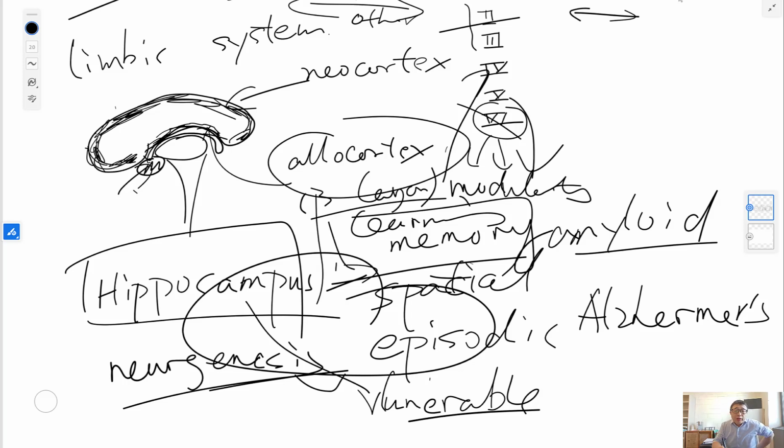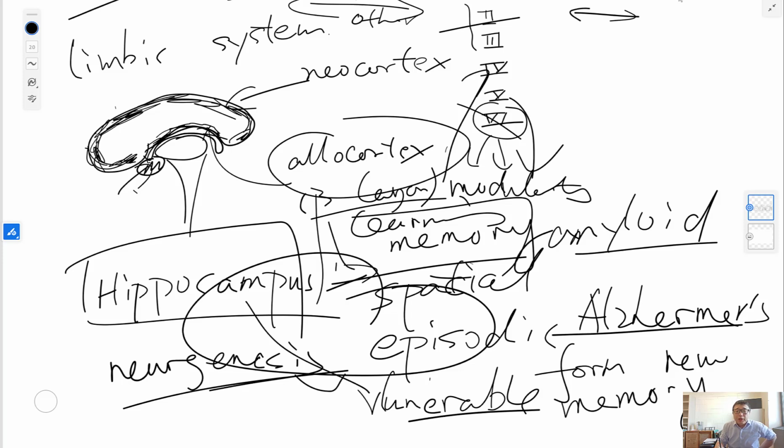But anyway, when Alzheimer's happens, eventually the whole brain is damaged, and people will die from it because some vital functions stop working. But the very first sign of Alzheimer's is that you cannot form new memory. That's the major function of the hippocampus.